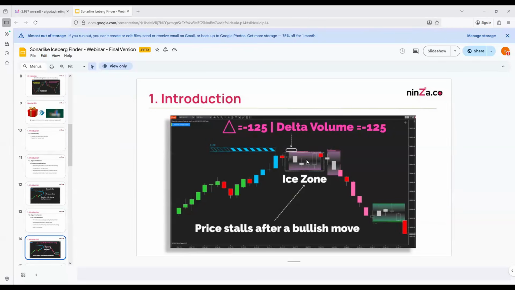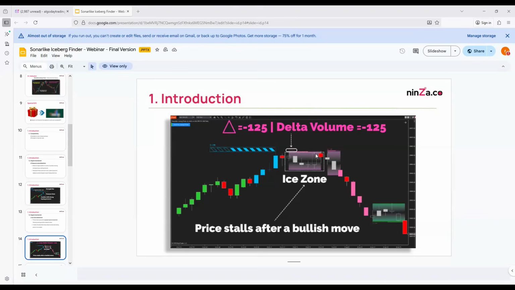After a very strong move, either up or down, for the most part, we hit some kind of period where price just goes up and down. It's ranging. And it's going to show you on a chart, in this case, a negative delta.